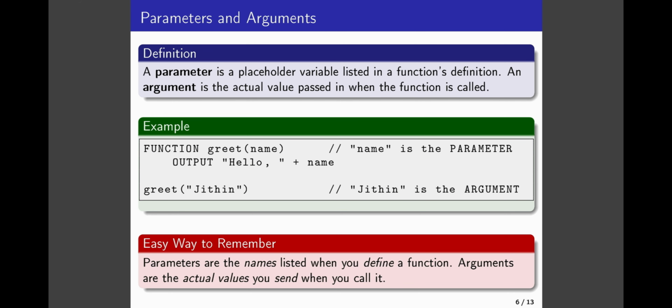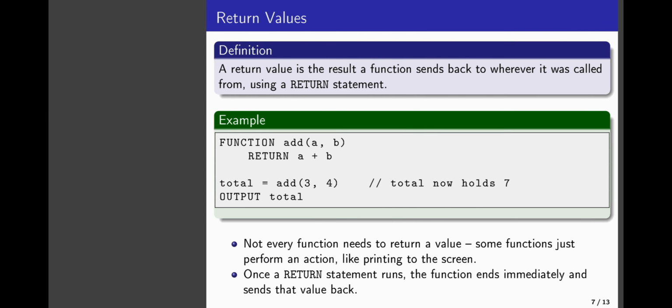It's just a placeholder. Then when we actually call greet with "Jidin", that string "Jidin" is the argument, the real actual value being passed in. So the easy way to remember the difference is: parameters are the names listed when you define a function, and arguments are the actual values you send when you call it.